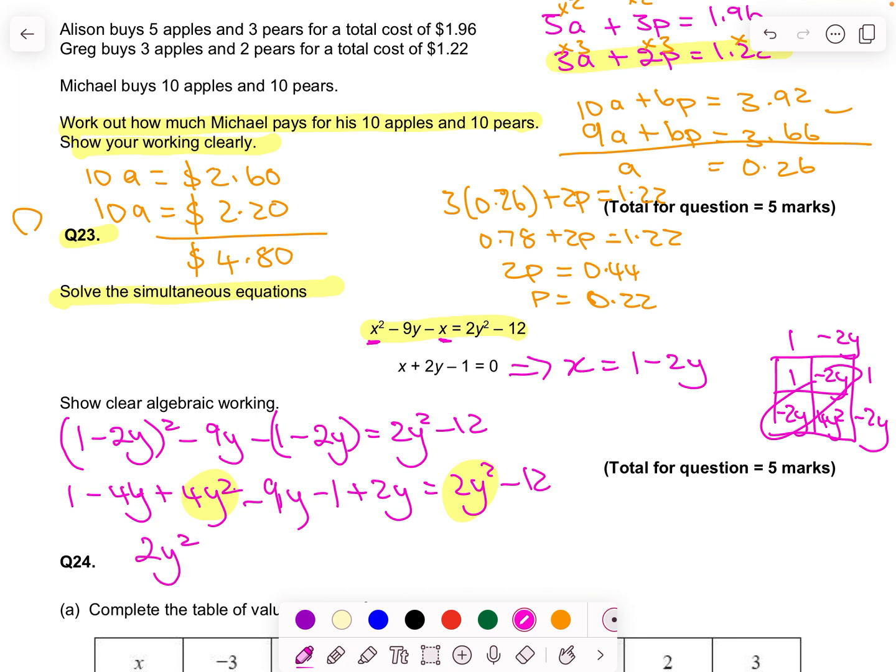Then I'm going to do minus 4y, take away 9y, which gives me minus 13y, plus 2y, gives me minus 11y.